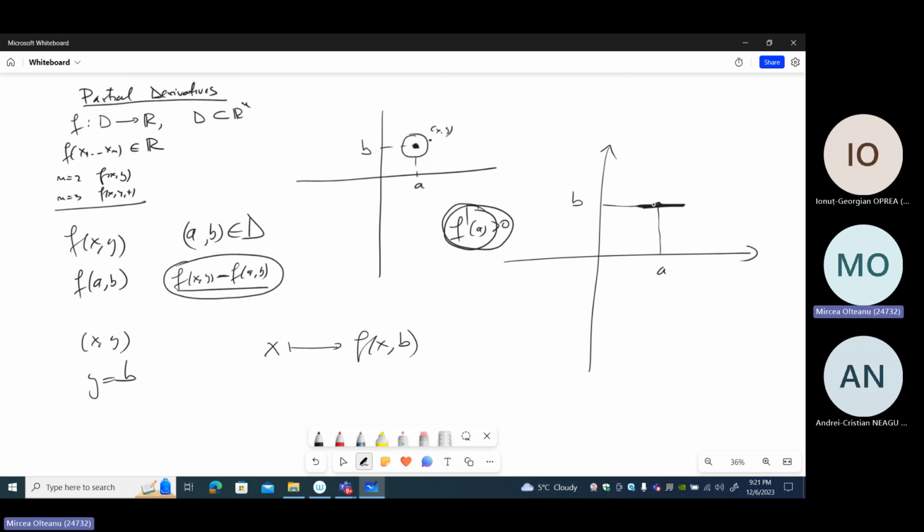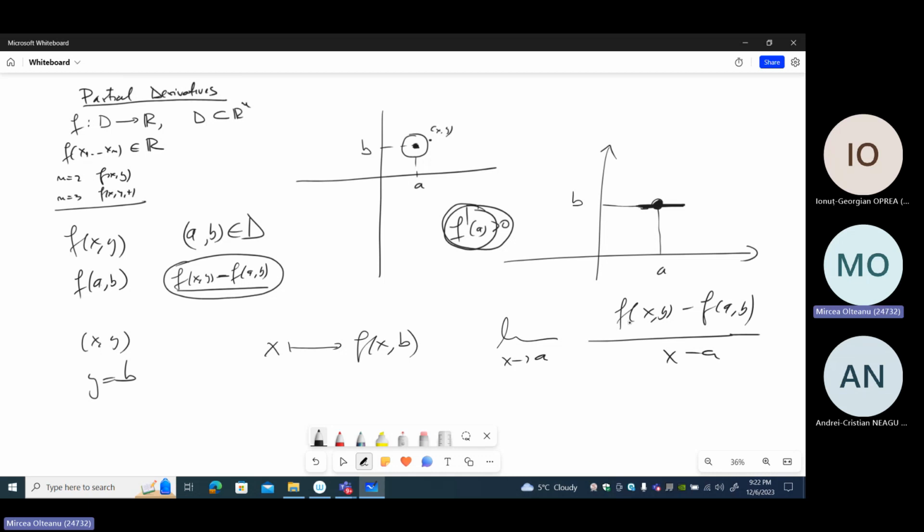We know a measure for how quickly the values of this function are changing around the point a. It's the usual derivative, because, attention, this is a function of one single variable. The derivative of this function at the point a is given by the following definition that you are very familiar with: the limit when x tends to a of (f(x, b) minus f(a, b)) over (x minus a).